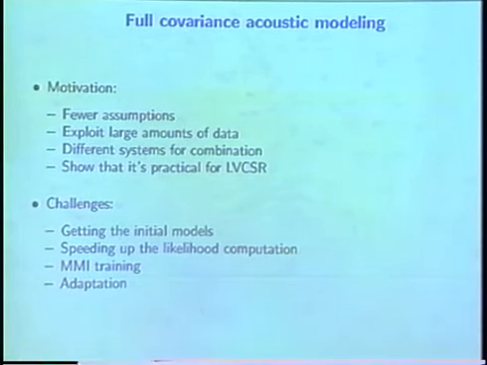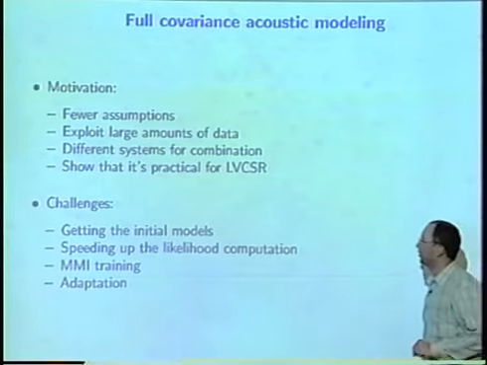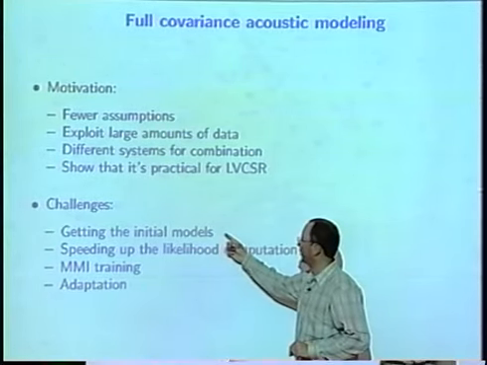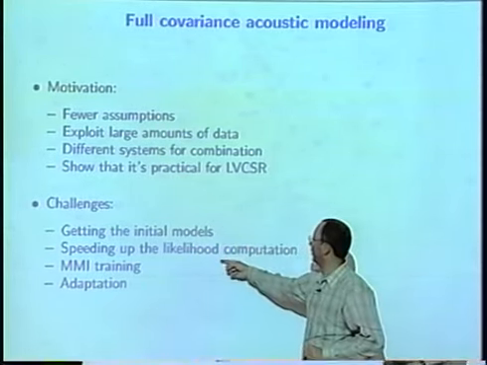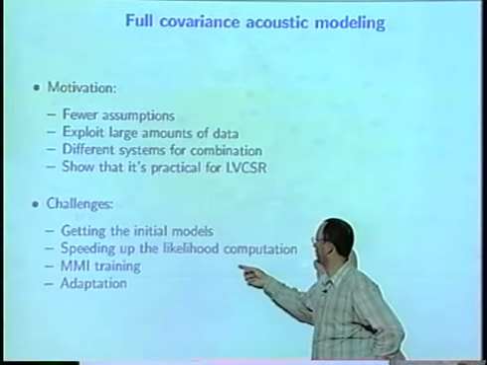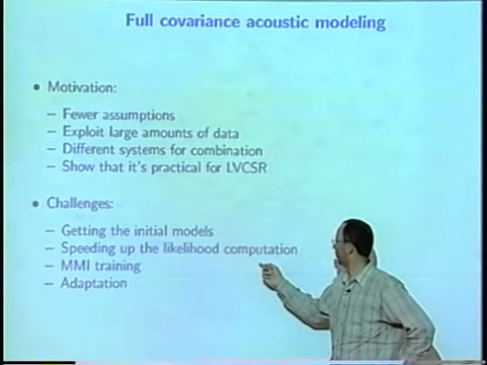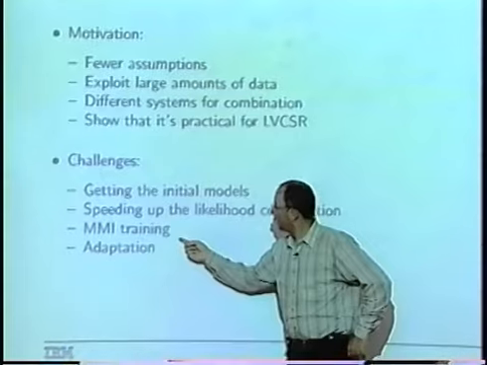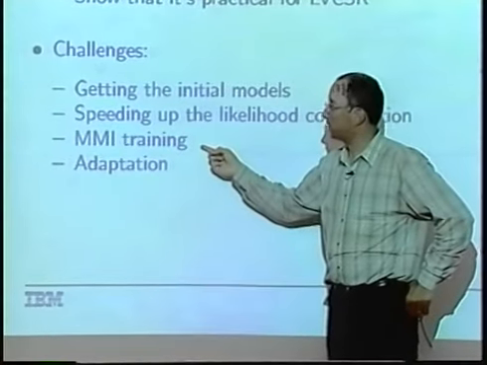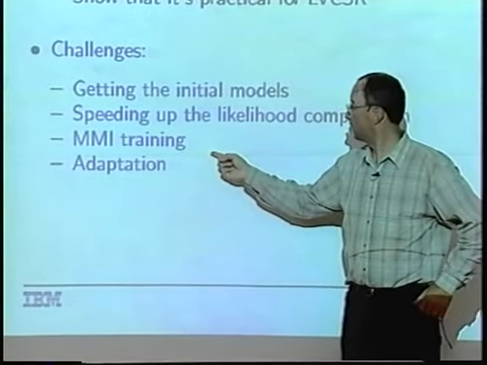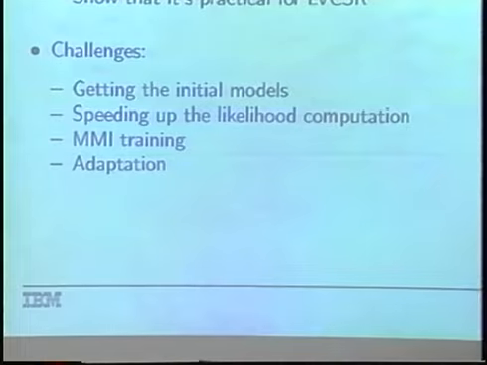But then we had to overcome some challenges. The first one was how to build the initial models. The second one, which is actually much more important, is how to speed up the actual likelihood computation. Third was how to do discriminative training with full covariance models. And fourth was how to do adaptation.